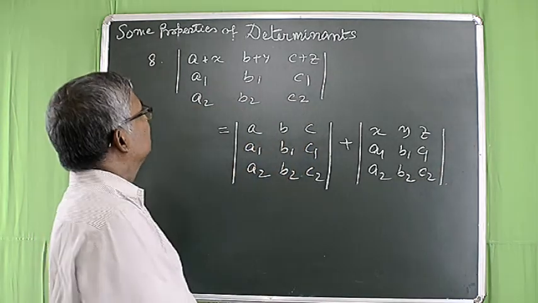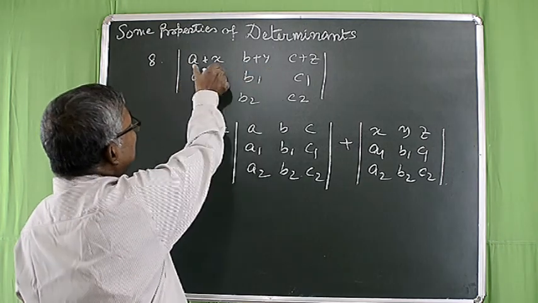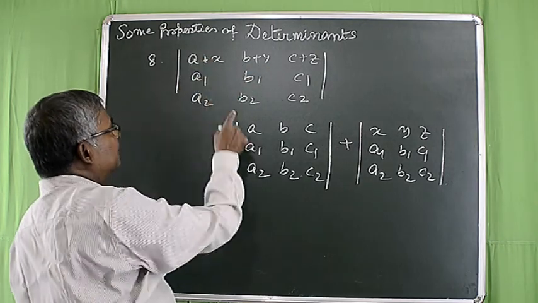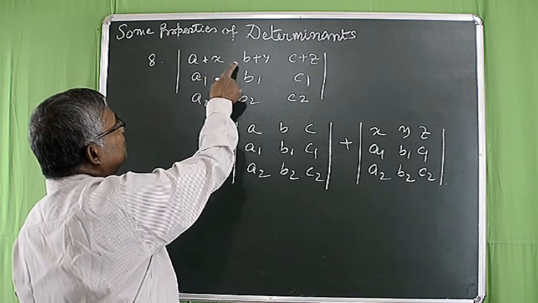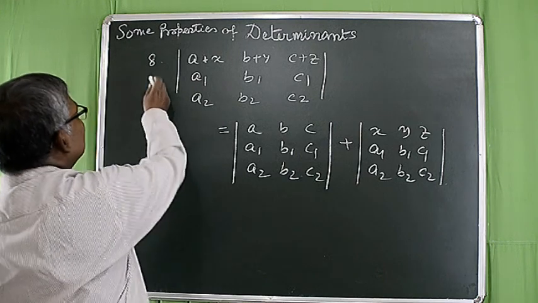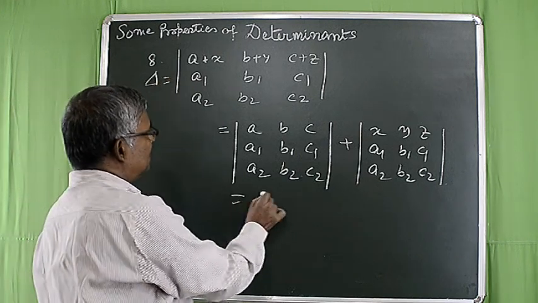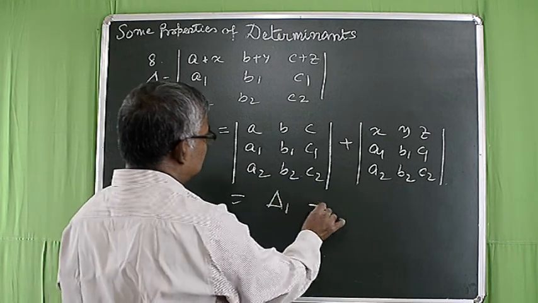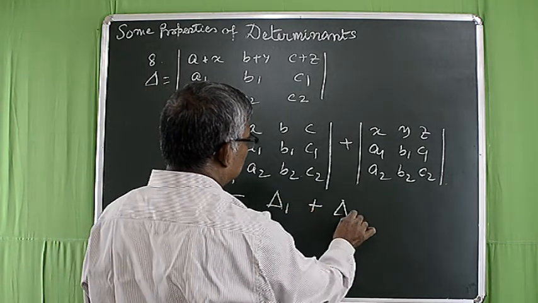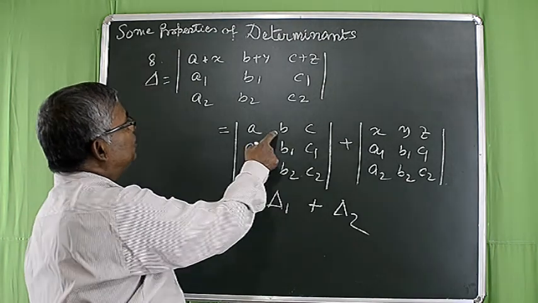Students, here see each element of row 1 is the sum of two terms, a plus x, b plus y, c plus z. So the determinant del can be expressed as sum of two determinants, del 1 plus del 2.